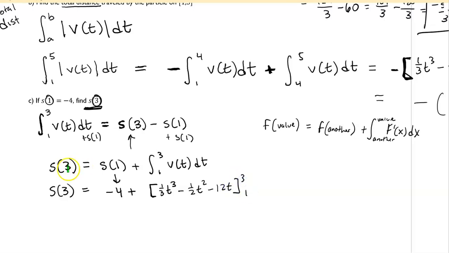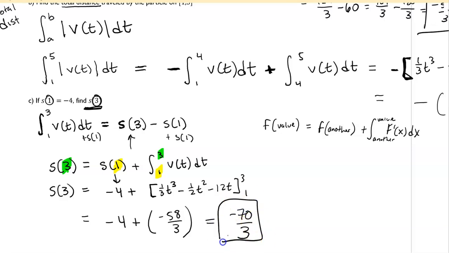So please note one more time, that's there, that's there, that's there, that's there. You'll notice that pattern often when we have to do these things. And again, finally, a little bit of hand waving, -4 plus, and I'm just going to tell you that I got -58/3 when I did that, and that is equal to -70/3. That is our value of s of 3.